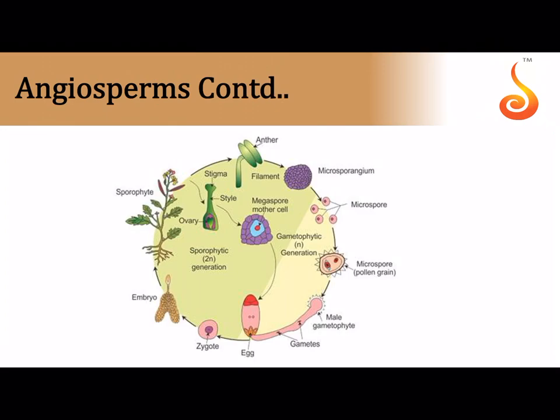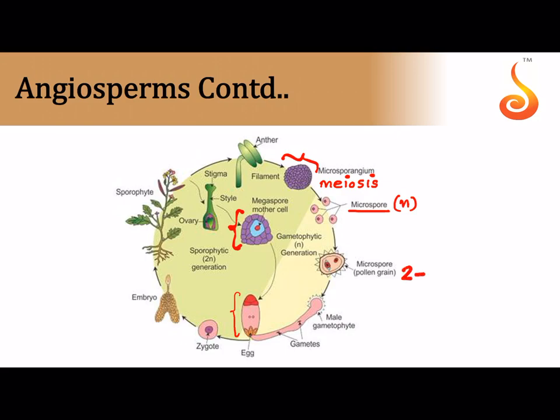See what I told you, inside the ovary there is megaspore mother cell, there is ovule, this is the ovule or the megasporangium, and then this is the female gametophyte or the embryo sac. And see how in the anther there is microsporangium which produces, through meiosis, haploid microspores.